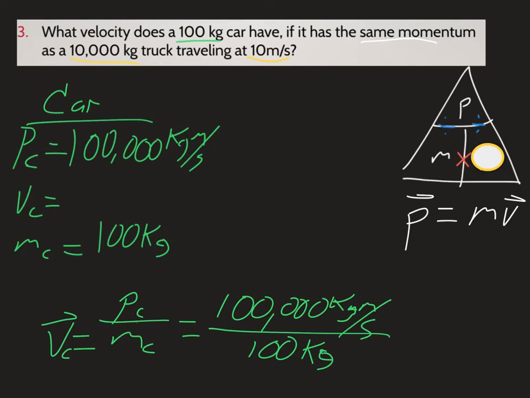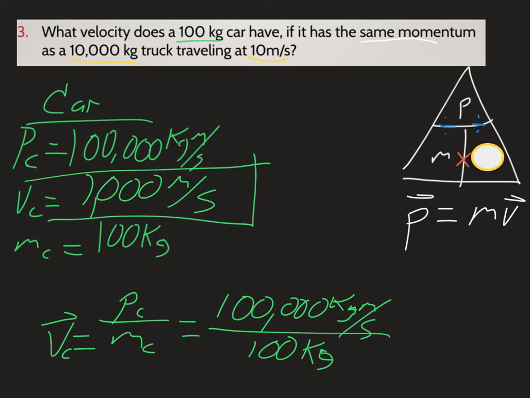And if you put that in your calculator, you're going to get that we have a speed of 1,000 meters per second.